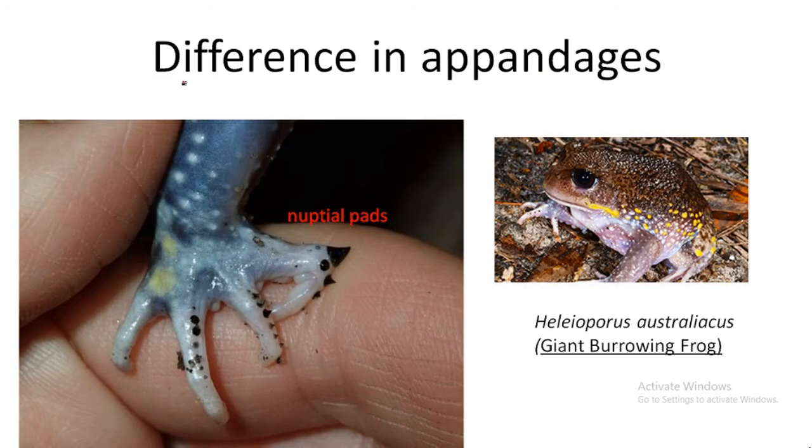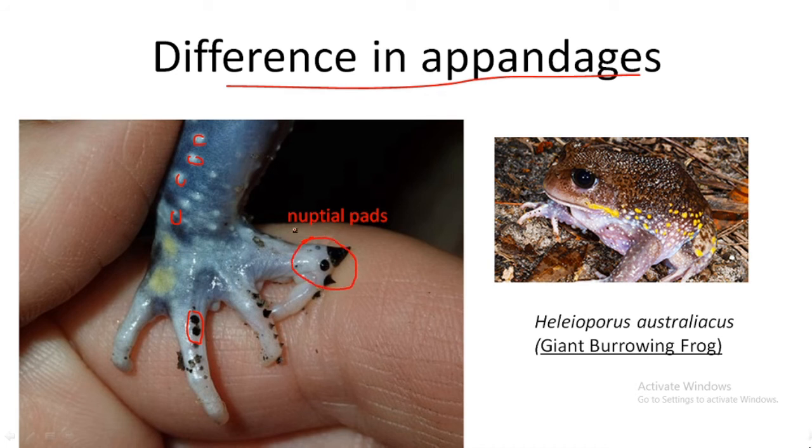So the next difference is the difference in appendages. In the male, the forelimbs are highly strong and muscular, with colorful patches on their surface, and these patches turn black during the mating season. There is another important structure, which we call the nuptial pad.